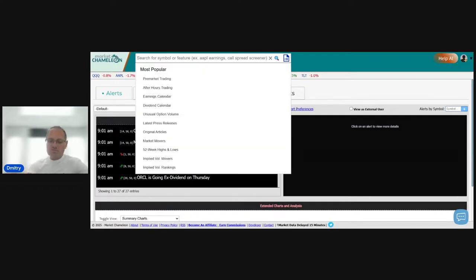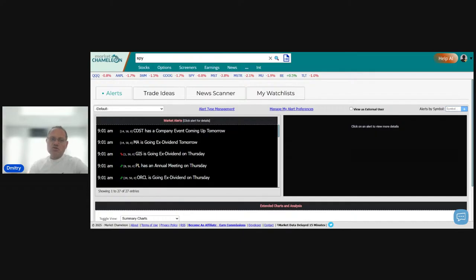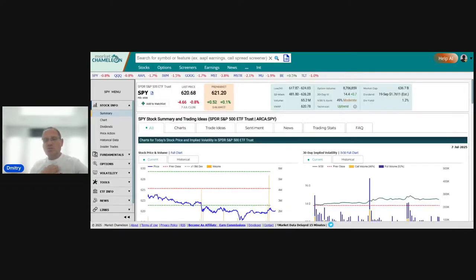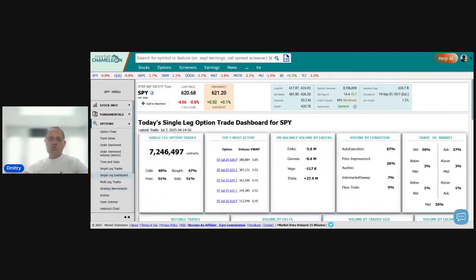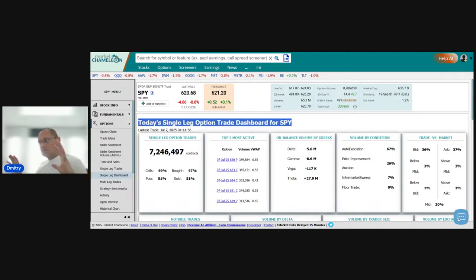I'm going to type SPY into our search. This will take us to the SPY main summary page, and on the left hand side there's a menu. Click on options and then single leg dashboards. This brings us to the single leg dashboard that analyzes option trades that are just single leg.